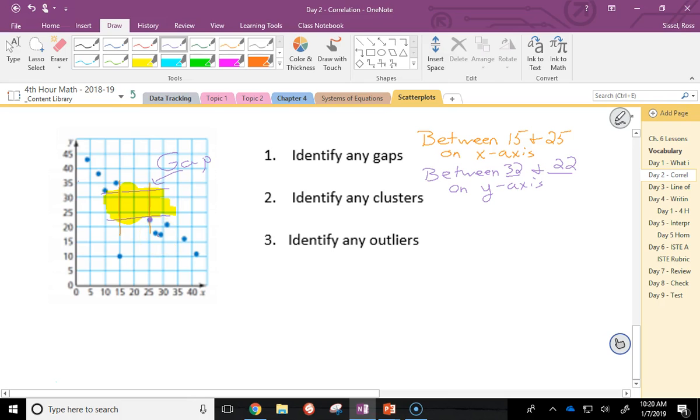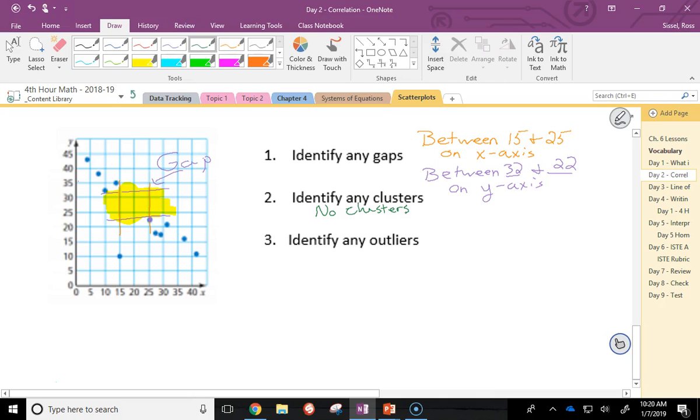If you said that, I'd probably be okay with that, but to be honest, in this one, you would just say no clusters.